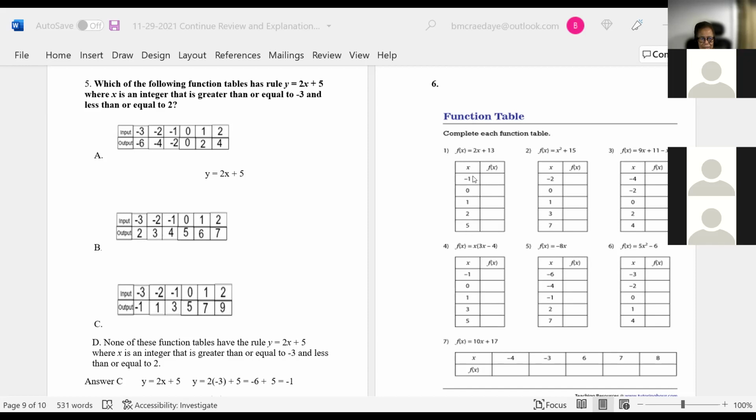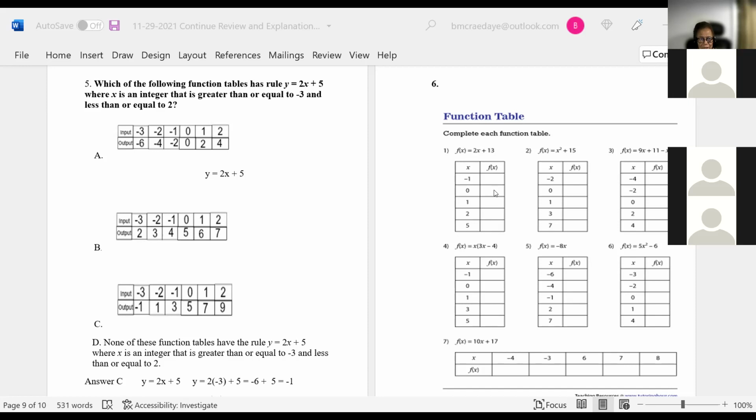If it's 0 for x, 2 times 0 is 0. Any number times 0 is 0. And then 0 plus 13 is 13. So the f of x for 0 is 13.